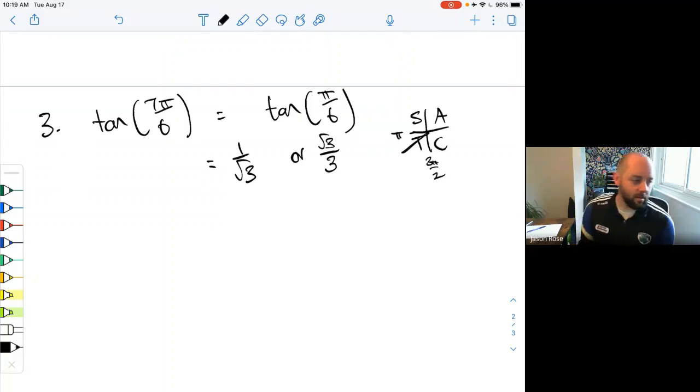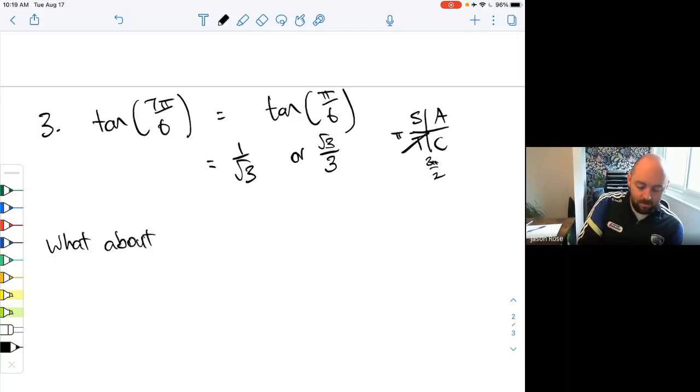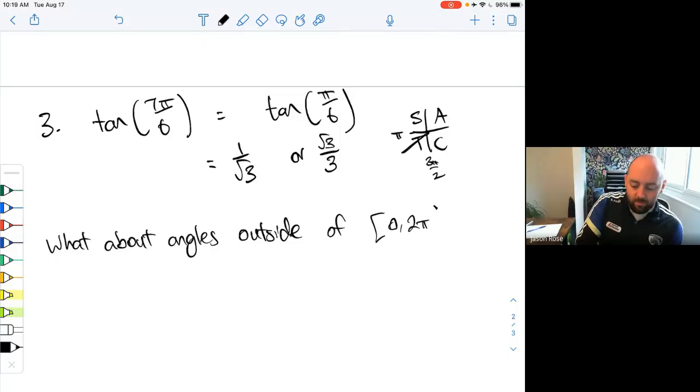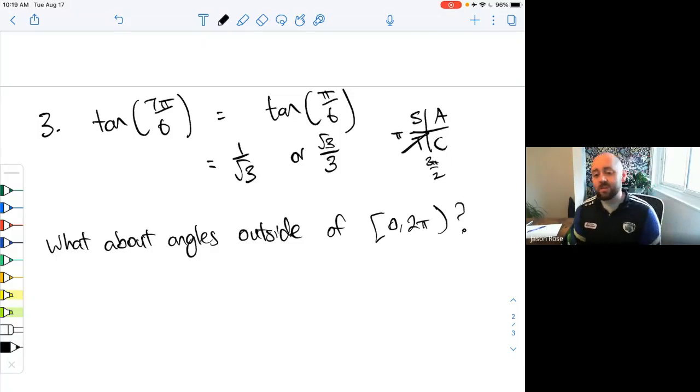Okay. So to extend this a bit, to look at ones that sometimes get a little bit harder than this, my next question is, what about angles outside of this interval 0 to 2 pi? So we've only dealt with ones that kind of neatly fall into maybe as far as here or maybe as far as here, but into this unit circle here.